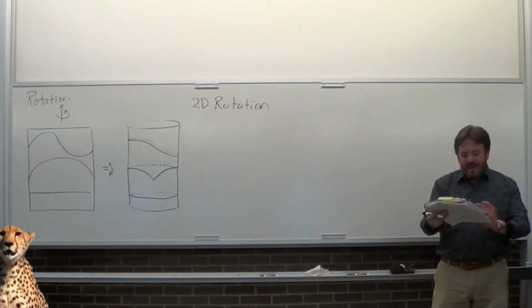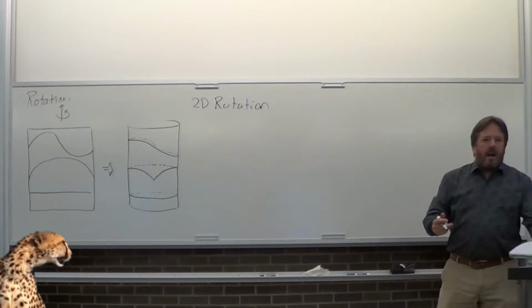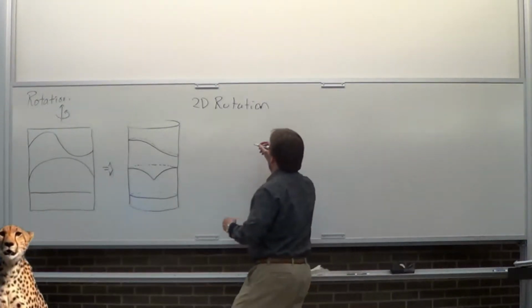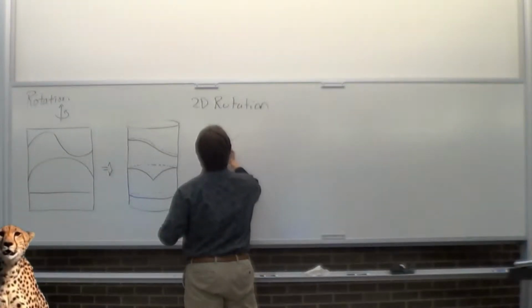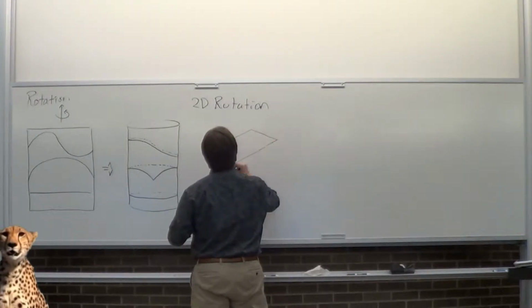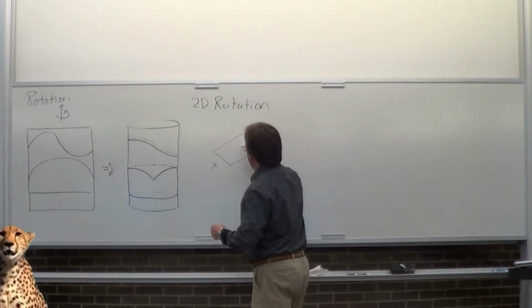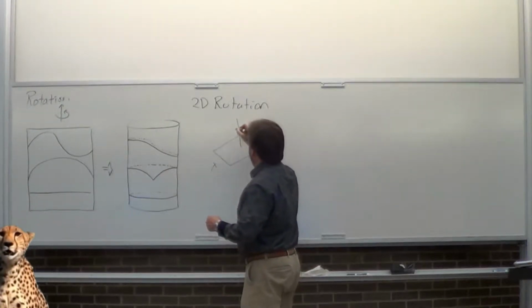And to get you calibrated to how this works, I'm going to tilt things to give it kind of a 3D effect, but we'll just call this X and Y. So what you've got is a little pin in a plane.